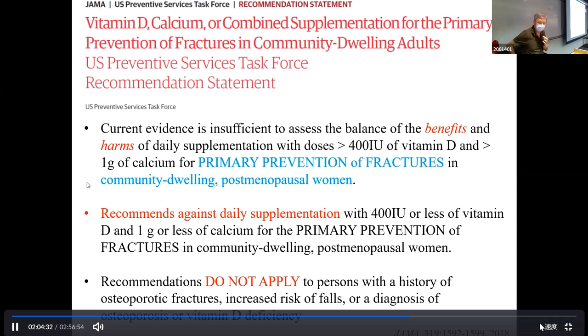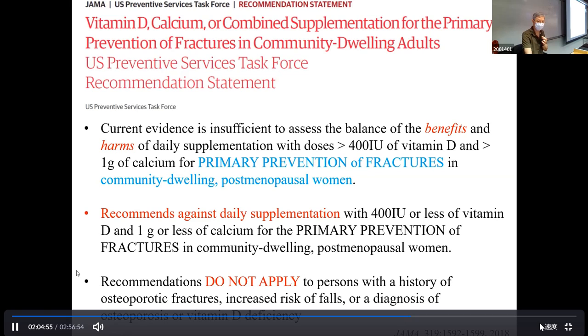Now, this is one of the reasons why you will see some interesting recommendation. That recommendation is from the U.S. Preventive Services Task Force, and it was just a few years ago, talking about calcium and vitamin D supplementation.